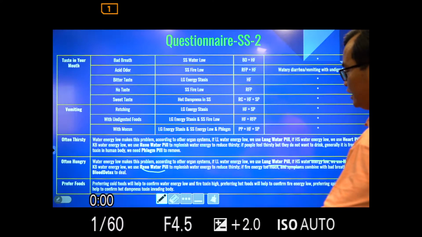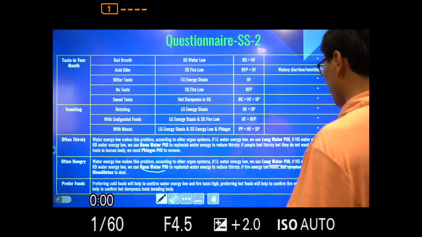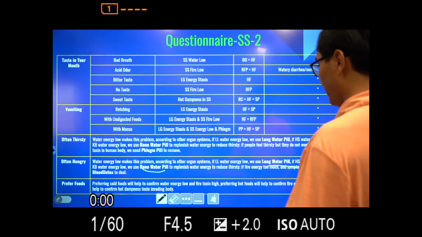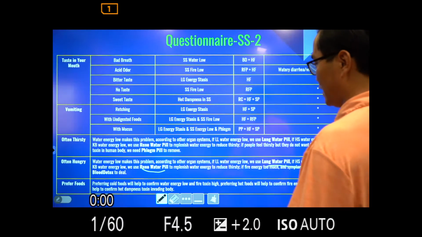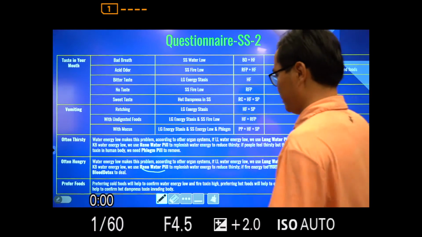Often hungry generally comes from low watch energy. If watch energy is low and the people always feel hungry, use the lung pill to replenish LL watch energy, the heart pill to replenish HS watch energy, and the renal water pill to replenish KB watch energy. If fire toxin is too much, we need blood detox to clean that kind of fire toxin to reduce hunger.